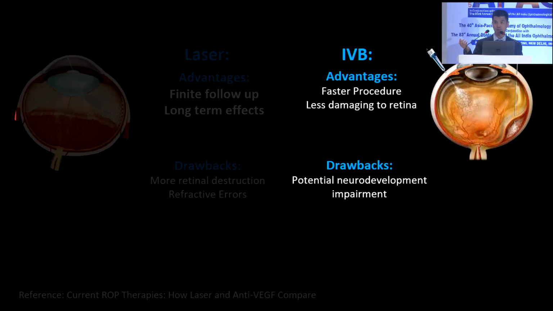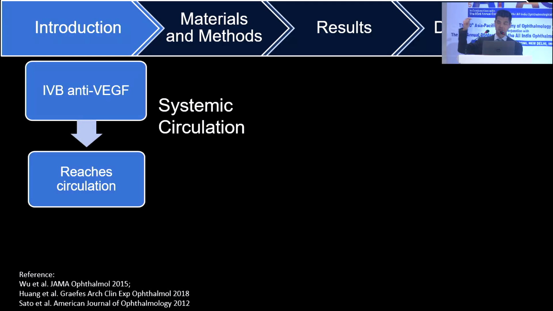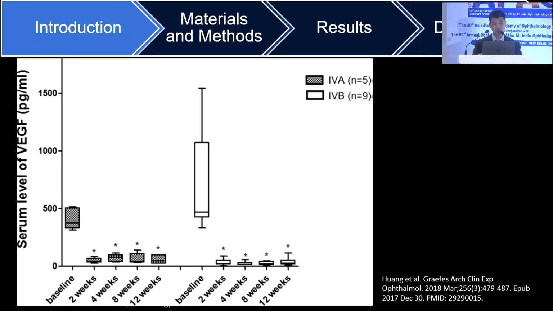One of the main drawbacks of anti-VEGF use is its association with potential neurodevelopmental impairments. Why? Because after intravitreal injection, the anti-VEGF drug leaks into the systemic circulation. In our prior study, we found that if you inject bevacizumab or Lucentis, the systemic VEGF suppression lasted up to 12 weeks, almost 3 months.